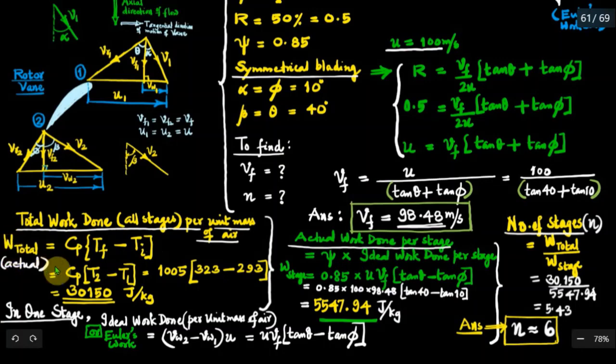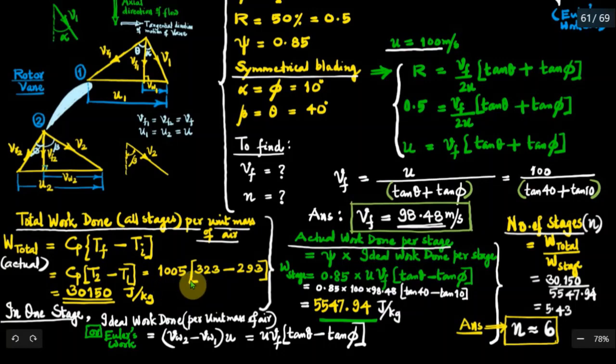So the total work done, that is equal to Cp into T final minus T initial. So in fact this is the actual work done of all the stages together. So Cp into T2 minus T1, that is here 1005. Cp is equal to 1005 joule per kilogram Kelvin for air as a perfect gas.